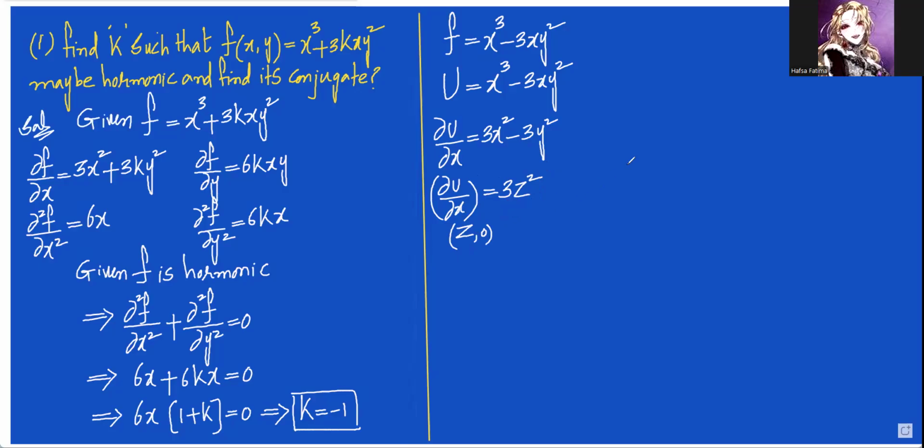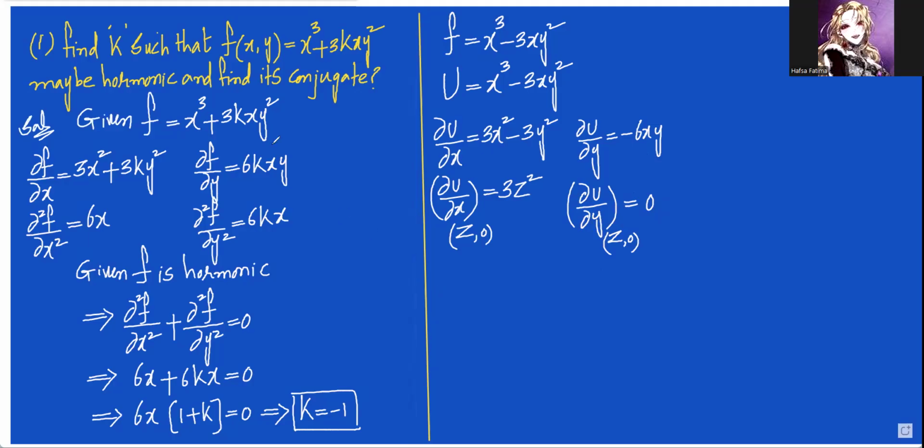After this one, tell me what is the next step? Dou u by dou y at the point z comma 0. This is equal to 0.